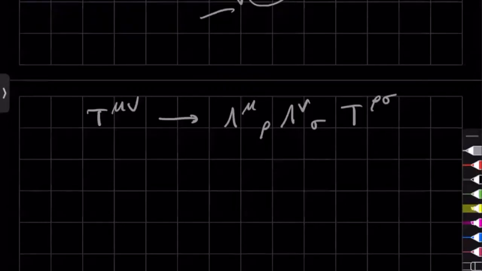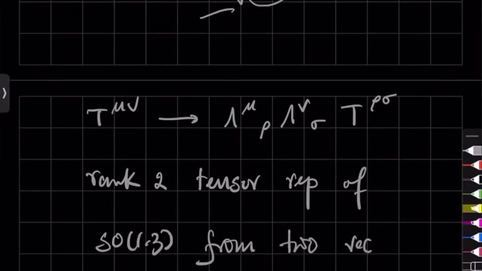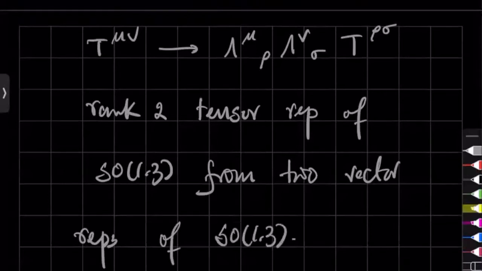Okay, so here we see that we have built a rank 2 tensor representation of SO(1,3) from two vector representations of SO(1,3).